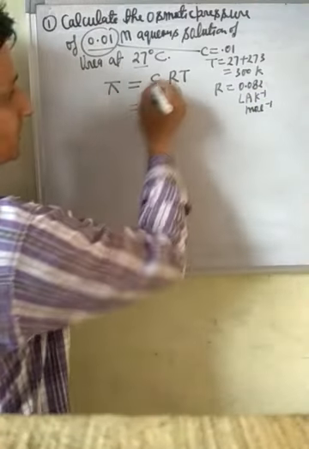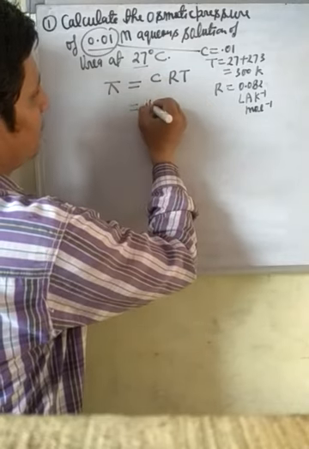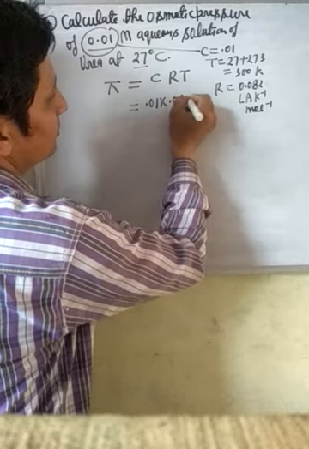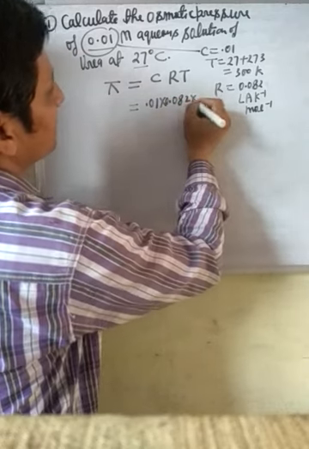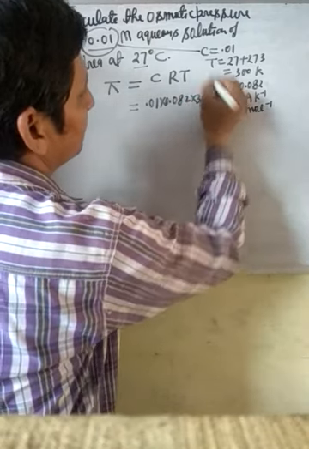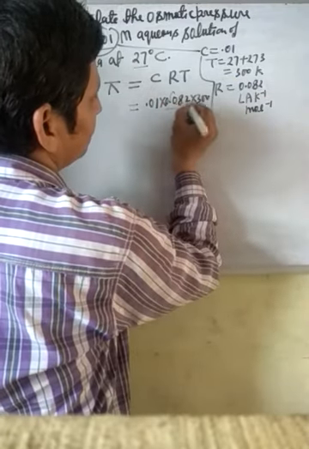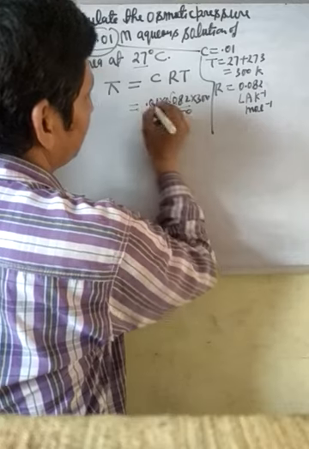Put all values: C is 0.01, R is 0.082, and temperature T is 300.